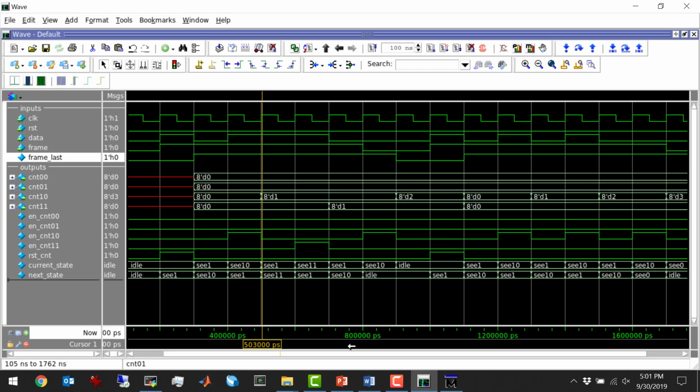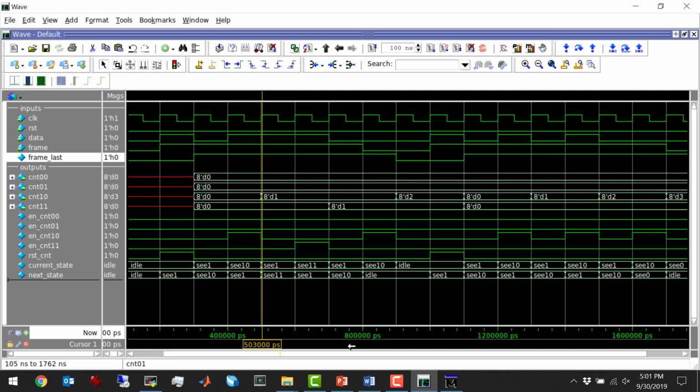Also, the other thing that I wanted to point out is that when my current state becomes C10, I'm supposed to be incrementing the 10 counter, right? Which I do. There's the enable for that right there. You see that pulse? But notice that the 10 counter doesn't actually get incremented till the next cycle. See how there's a delay?